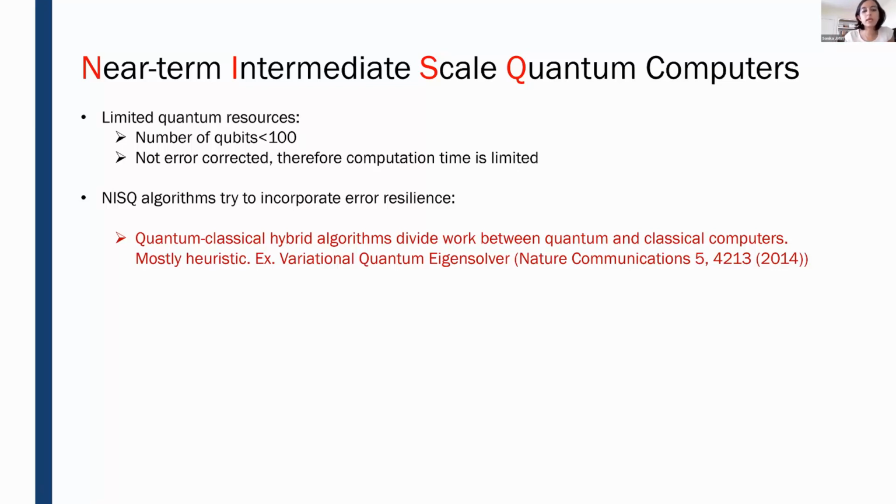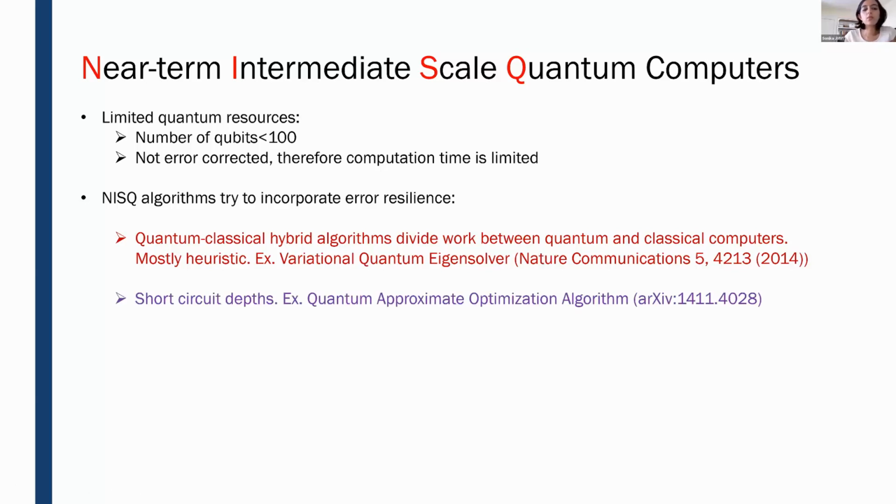One example is variational quantum algorithms, which are hybrid routines between quantum and classical computers that divide the work. They have a quantum subroutine in a mostly classical algorithm, and there are no proofs of quantum advantage, just heuristic evidence that they might be useful. An example of this is the variational quantum eigensolver.